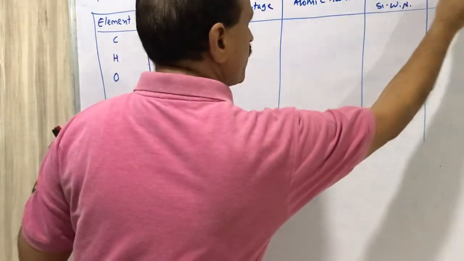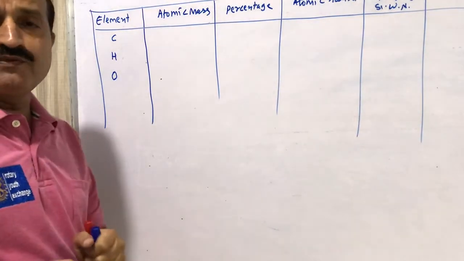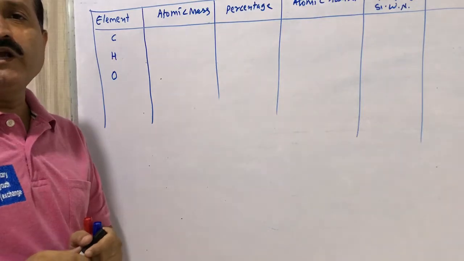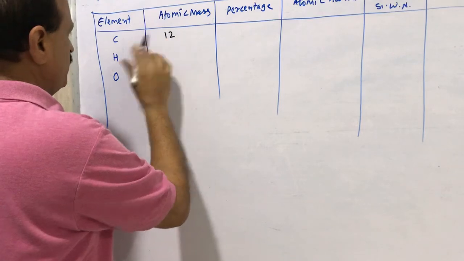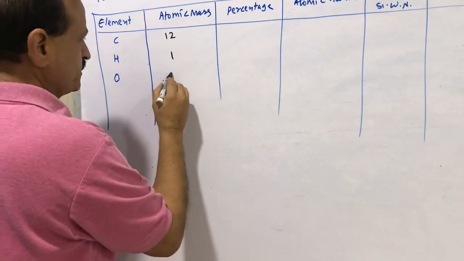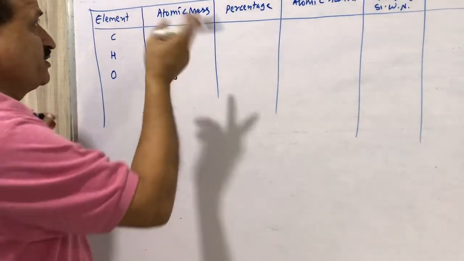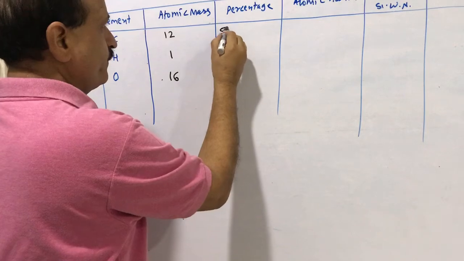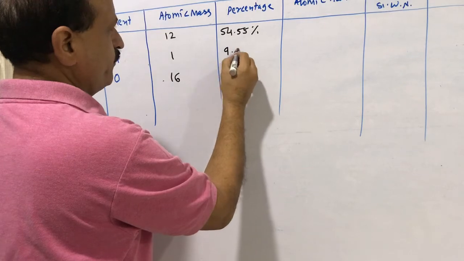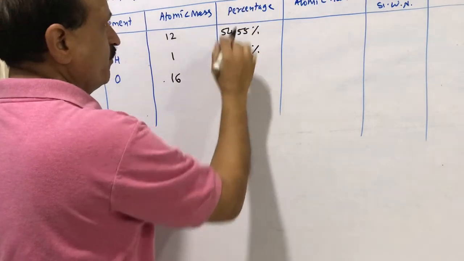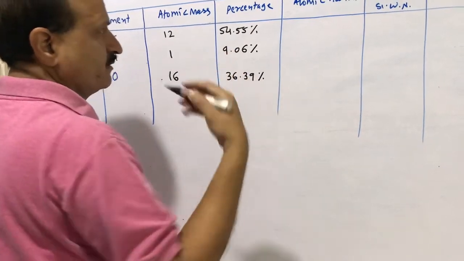No hurry. For atomic mass, we will take the rounded figure, not the decimal form. So the atomic mass of carbon is 12, hydrogen is 1, oxygen is 16. Then the percentages given: carbon 54.55, hydrogen 9.06, and oxygen 36.39 percent. The percentages are clear.